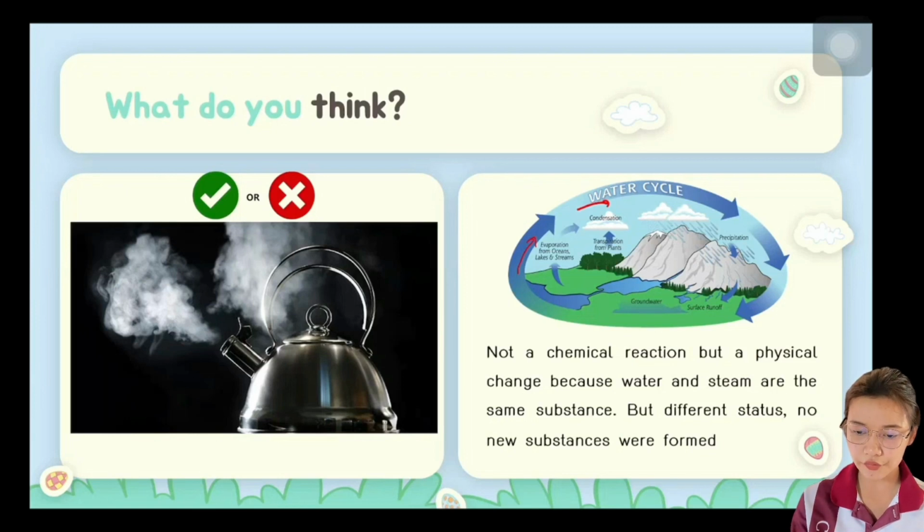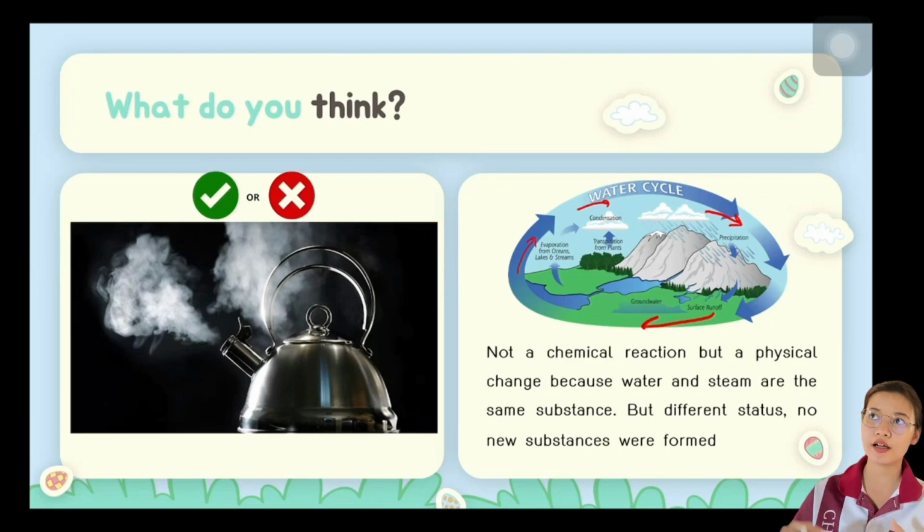In the cold air it condenses into small water droplets forming clouds, and falls as rain or hail to the ground, into various water sources, continuously circulating like this. The cycle consists of evaporation, condensation, and precipitation, continuously circulating.